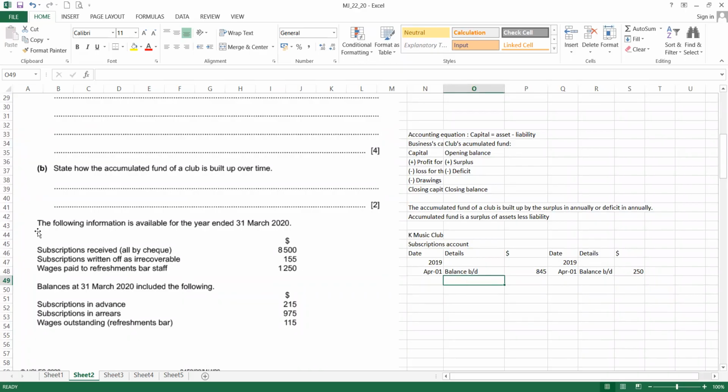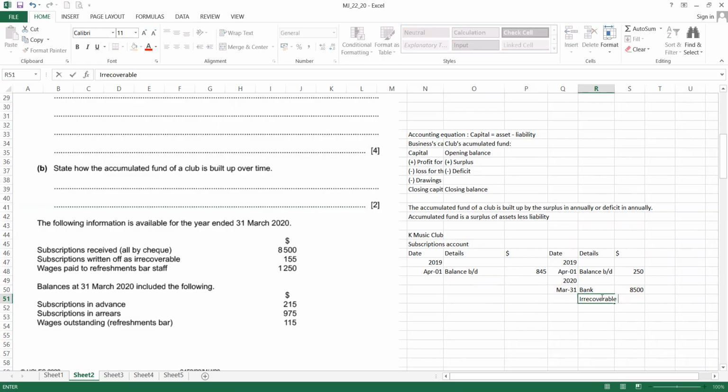Now during the year, this is the amount, subscription received all by cheque. The moment they say all by cheque, be careful with the detail that you put in. Don't go and put cash, must put bank. Only allowed to put bank as a word in the detail because they say all paid by cheque. Subscription written off as irrecoverable means that some member confirmed won't pay.